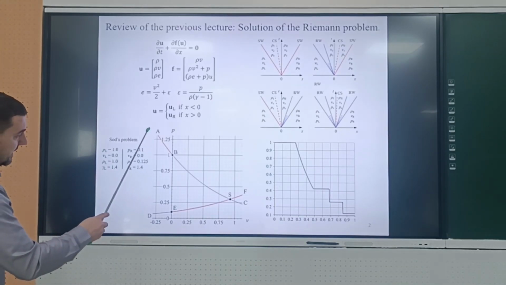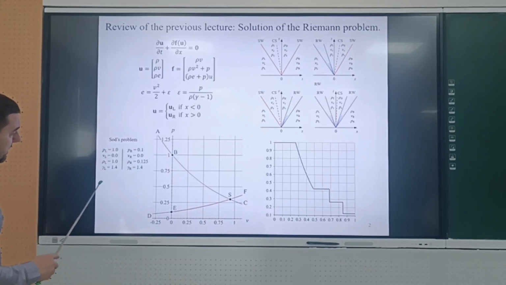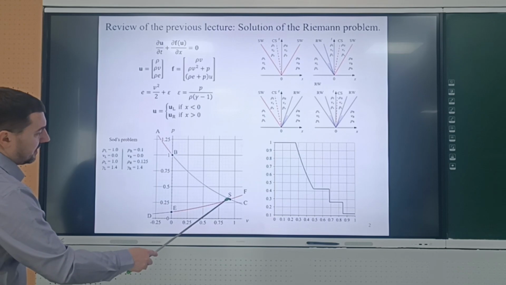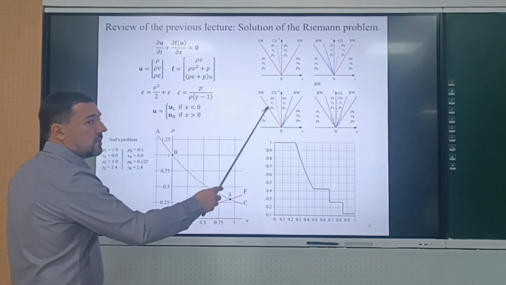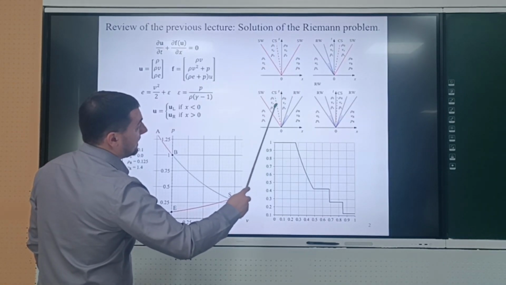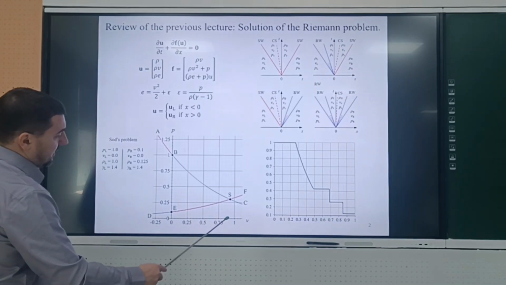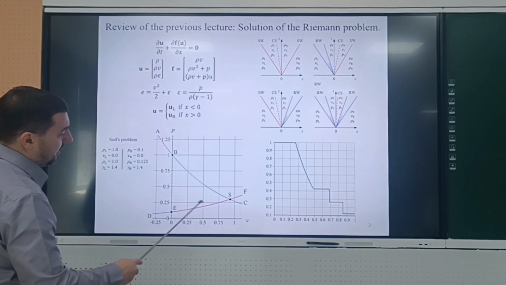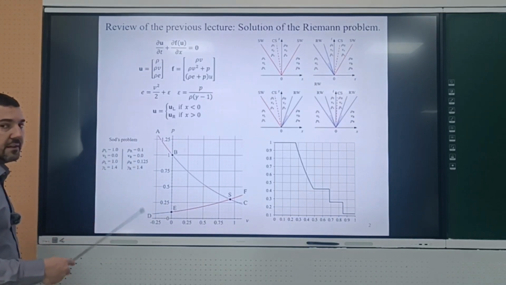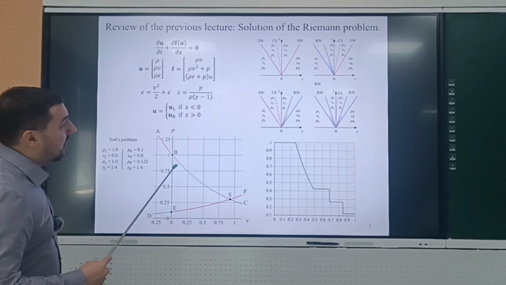The same can be done for the gas to the left of the discontinuity, and we can find the intersection point, which corresponds to the parameters at the contact surface, at the contact discontinuity. So PC and VC are the coordinates of this point on the diagram.